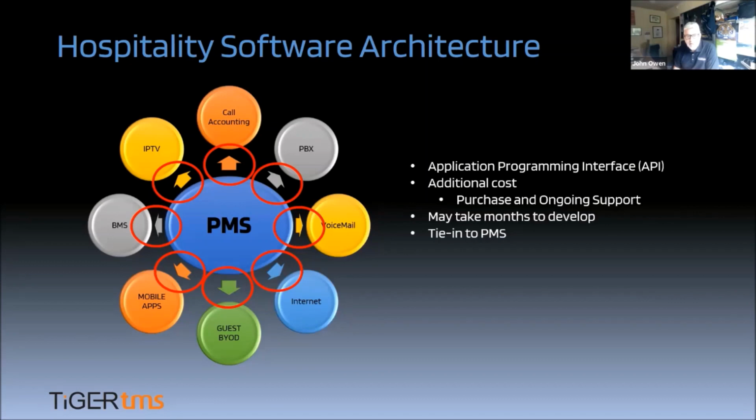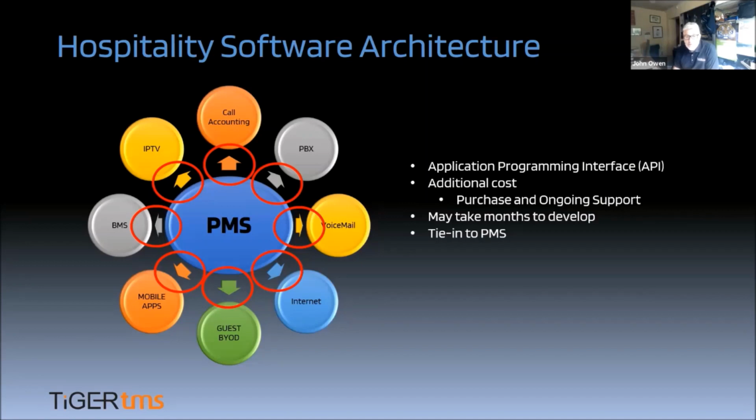I was once speaking to the largest hotel group in the world at a large hospitality exhibition, and they told me it takes about 18 months for their PMS supplier to develop application interfaces for them.